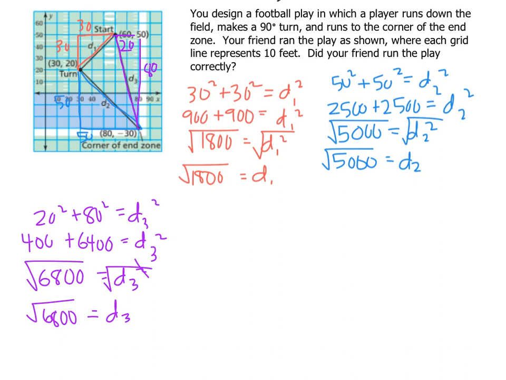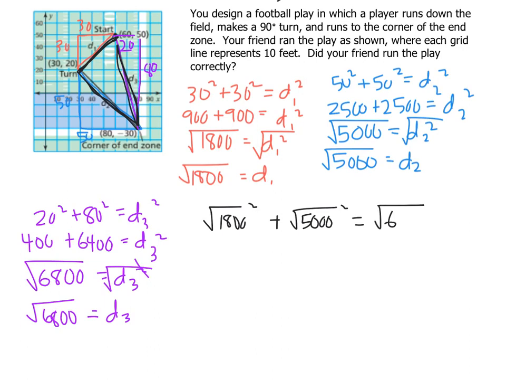But now if I go back to the original triangle, which was D1, D2, and D3, I have the square root of 1,800 squared plus the square root of 5,000 squared equals the square root of 6,800 squared. And again, the beautiful thing about squares and square roots is they cancel each other out.